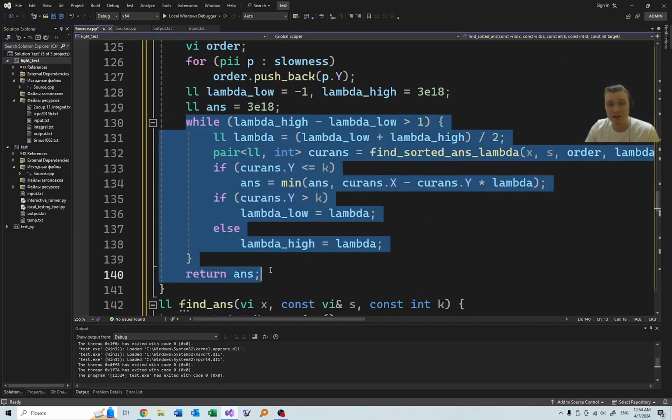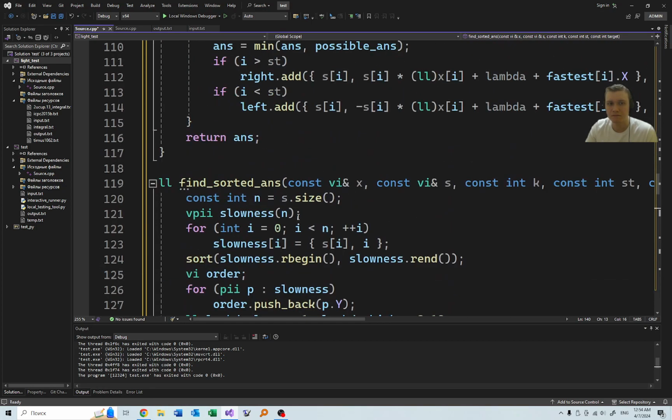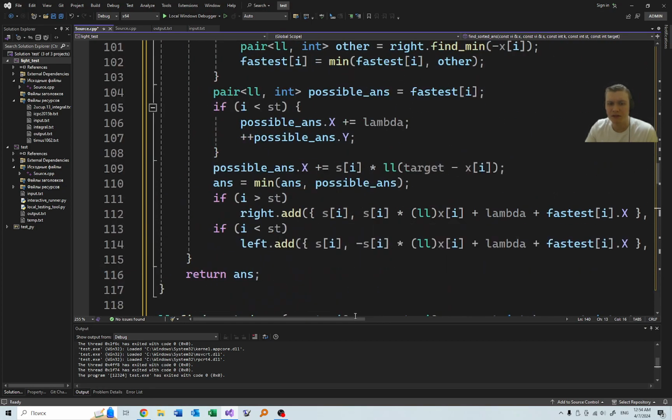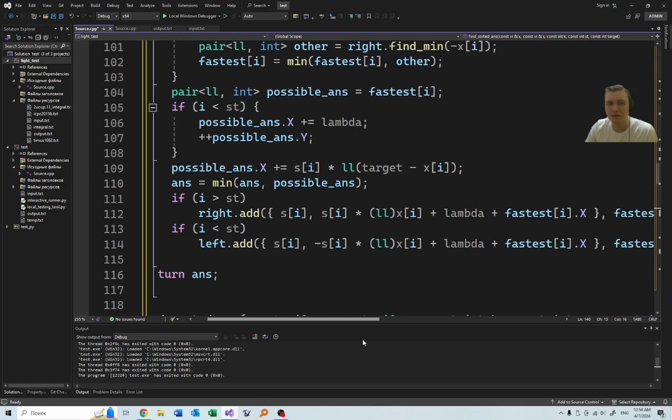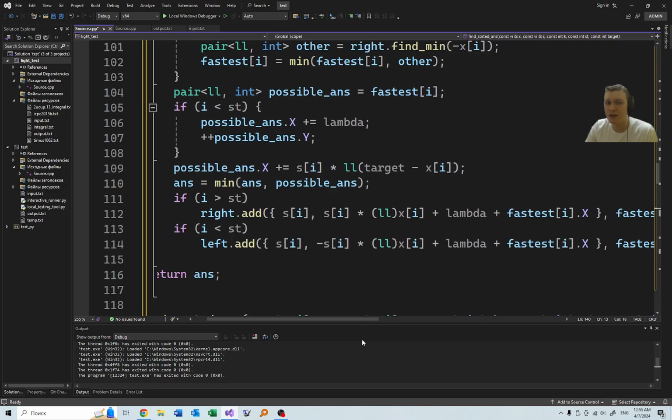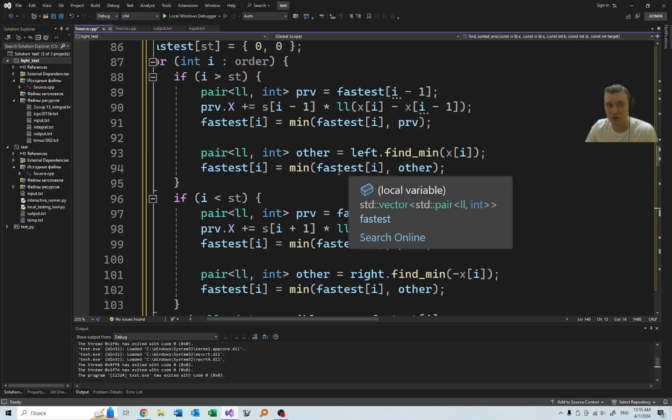However, still we got a problem, that it gives some inadequate answers. And that happens, I think, because I somewhere don't add lambda where I should.